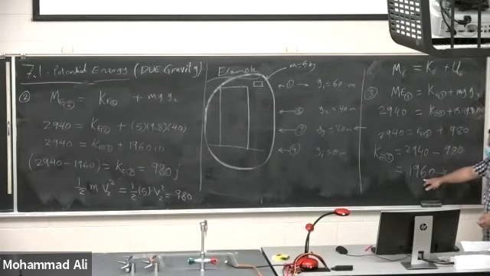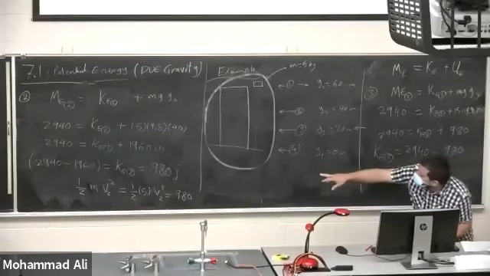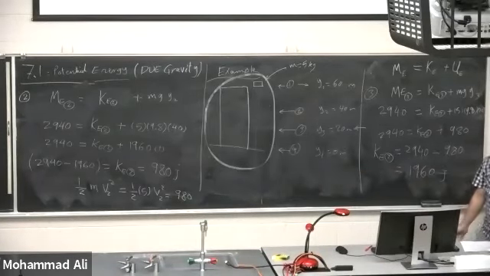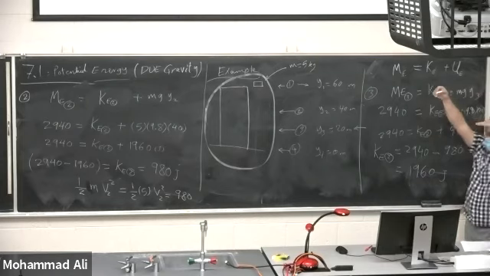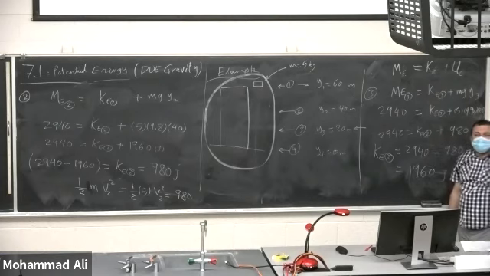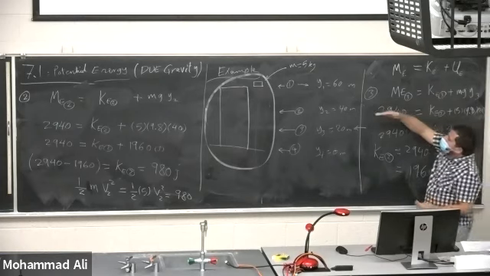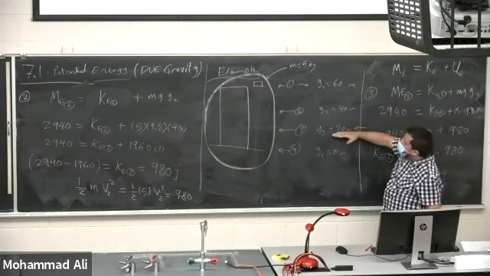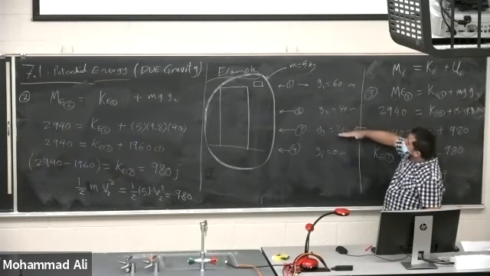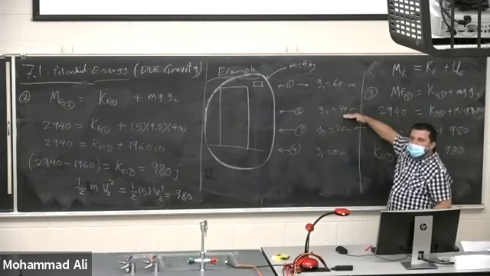It's 1960; there it was 980. The potential energy depends on the altitude, the height. Now, the height at the third point is less than the height here, so the potential energy here is less than this.